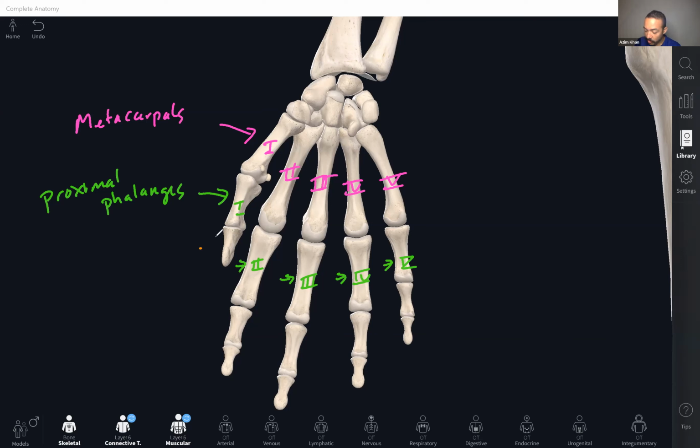There's only a distal one for the pollex. And then you have distal over here for the rest. But here, for 2 through 4, you have middle phalanges.